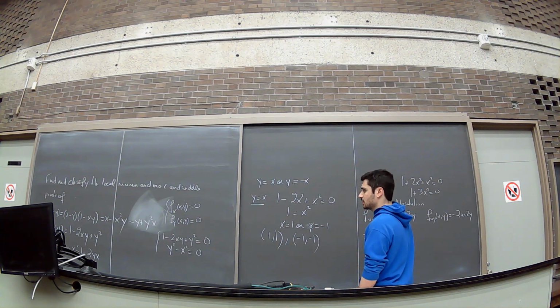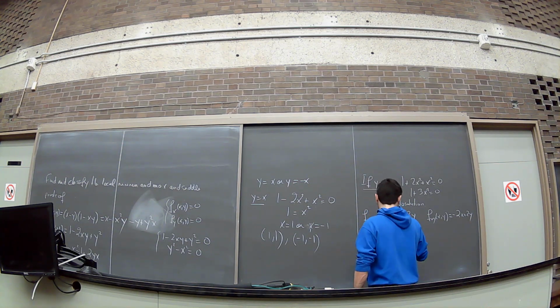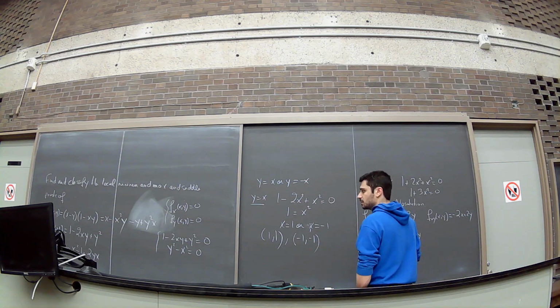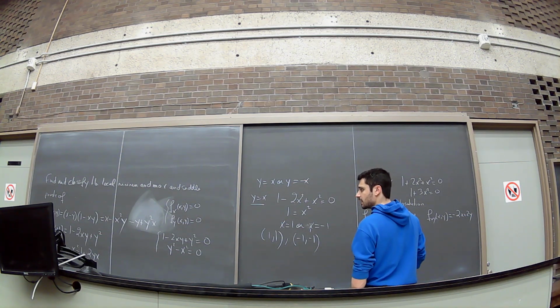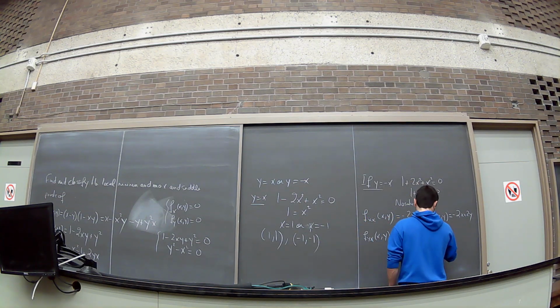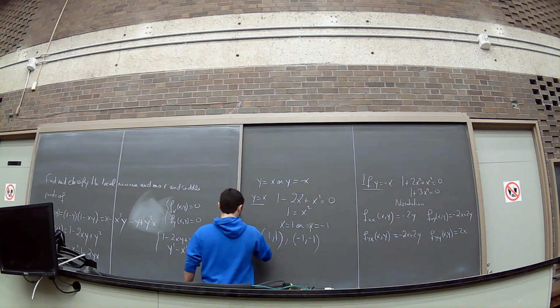What do you get? You get minus 2x plus 2y. Is that a good sign? Yes, a good sign that my partial derivatives are equal. And let's look at fyy. What do we get as fyy? It's 2x, right? Okay, so these are my critical points.